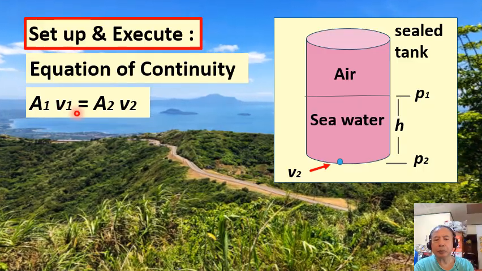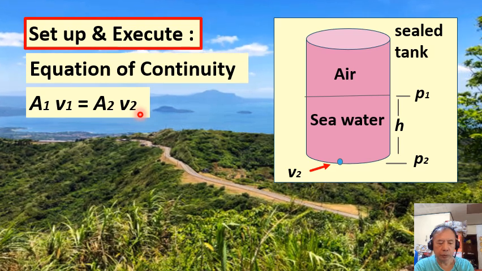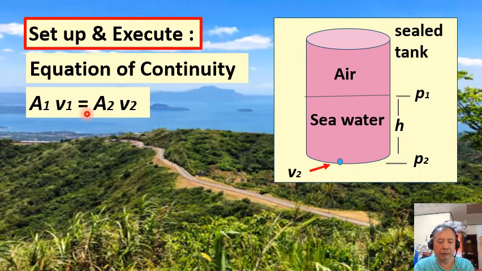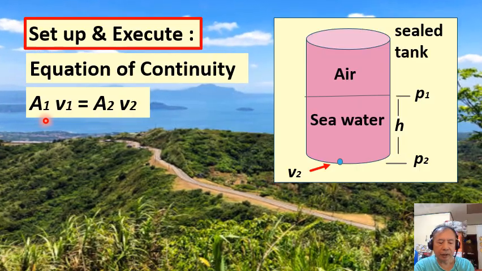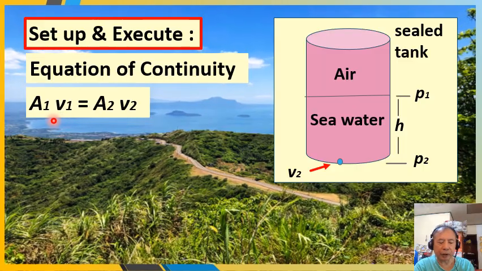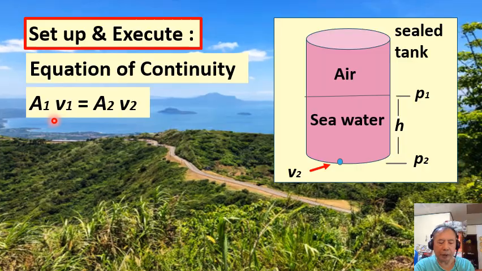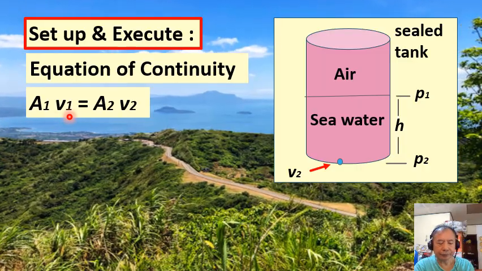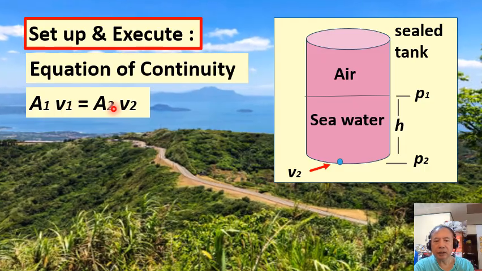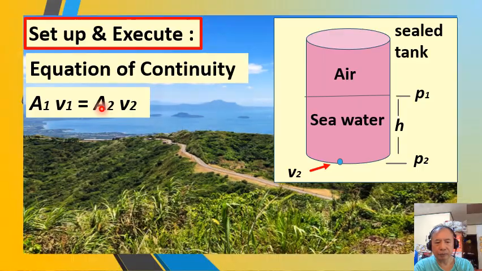A sub 1 times v sub 1 equals A sub 2 times v sub 2, which suggests that the cross-sectional area of a pipe is inversely proportional to the flow speed of the liquid in the pipe. So that is the conceptual meaning of this equation.